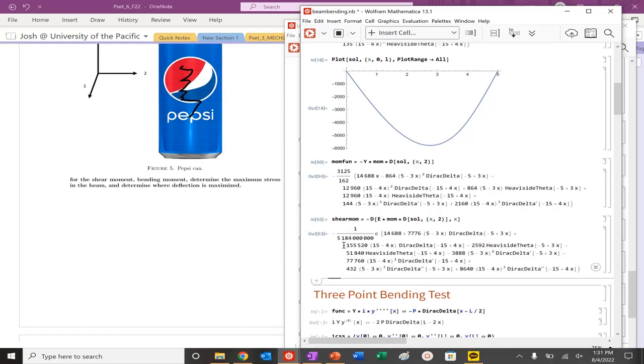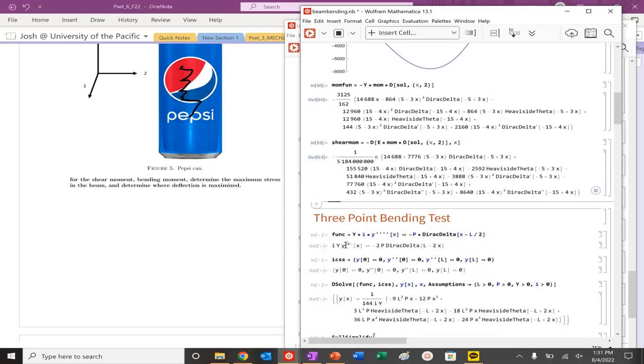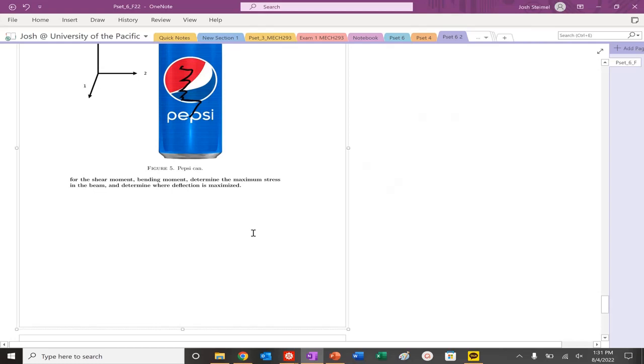Shear moment, bending moment. What's the maximum stress in our beam? So to do that, we need to remember that effectively our stress is equal to minus M y over I. We know that value.